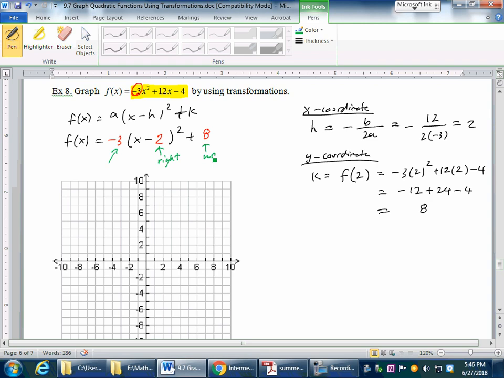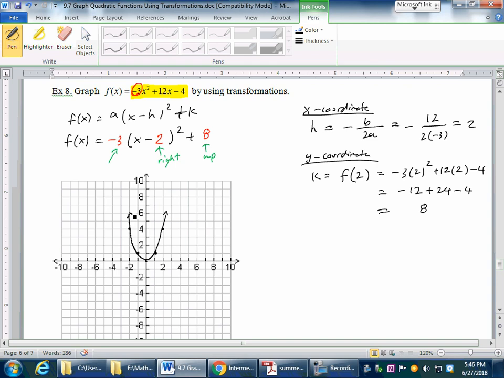So graphing the parent's graph first to get the points: 0, 0, 1, 1, negative 1, 1, 2 will be 4, negative 2 will be 4. That's my parent's graph. And using these points, I'm going to do the transformations, point by point.